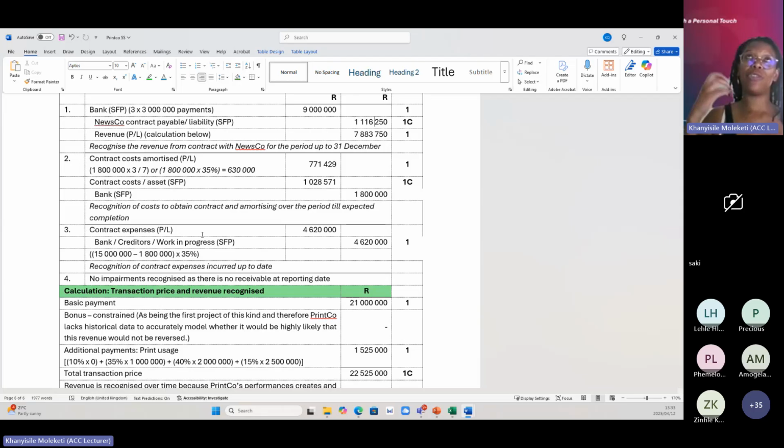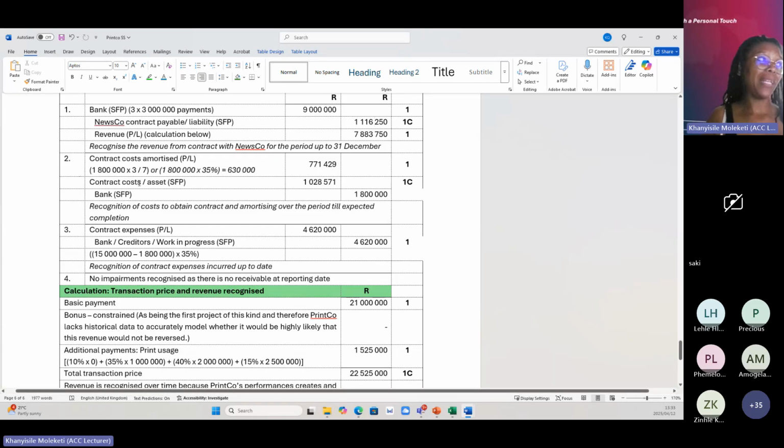For those costs to be contract costs, they would need to, one, be only incurred if this contract is earned, and they must be recoverable from the contract. In this case, we believe this 1.8 of payment commission is only going to be earned because we've got the contract, and we believe it's going to be recoverable from the contract. So what that means is, again, we have to pay out bank.